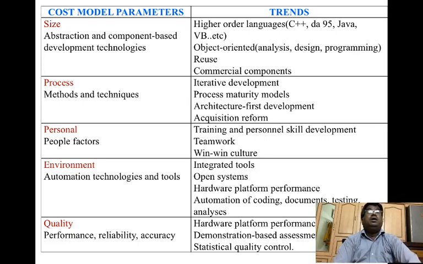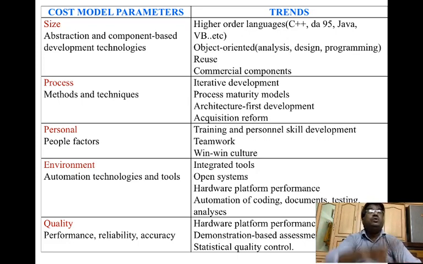And I advise you, please remember this table. If you manage this table, the 5 software economics and trends, you can remember the entire second unit, part A. You will get one question from these 5.